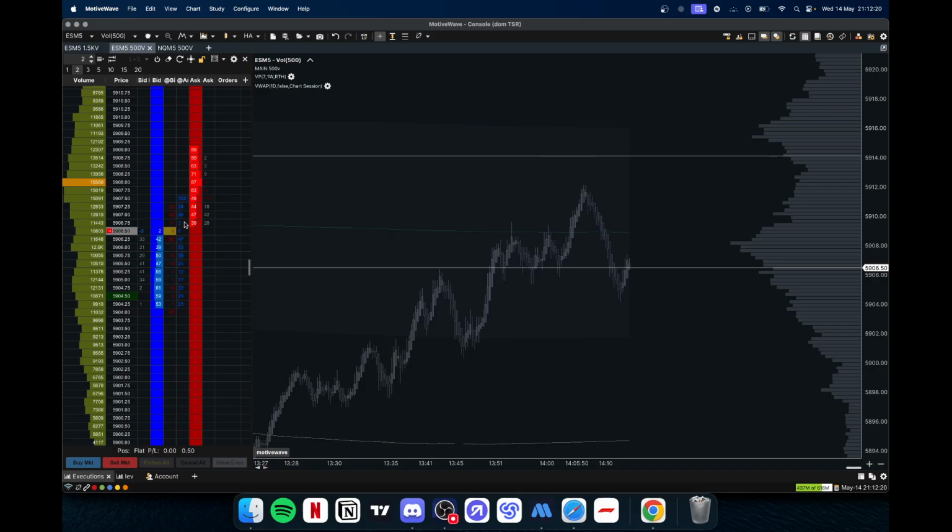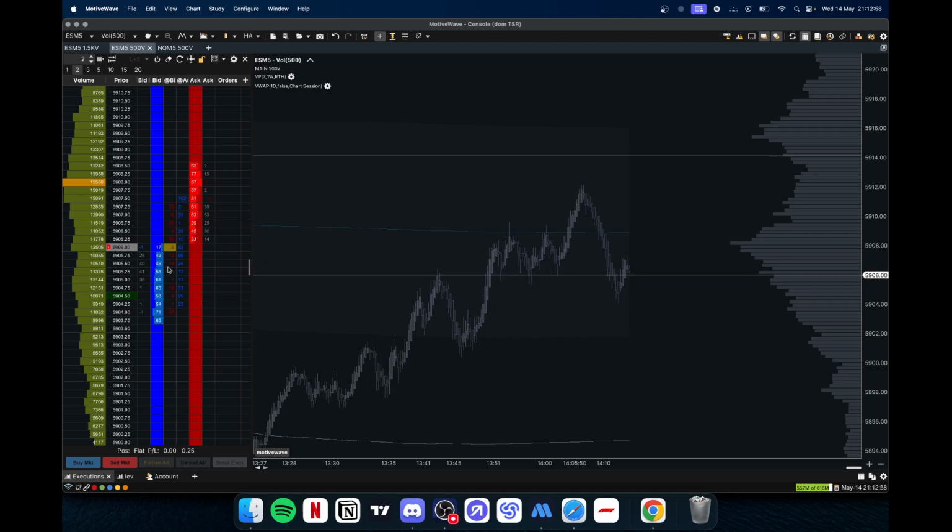Seller sort of stepping in. But we don't really have a seller to confirm this whole move. New retest. Oh, there you go. Buyers right here got trapped for the time being.